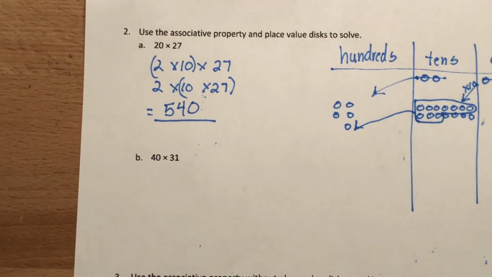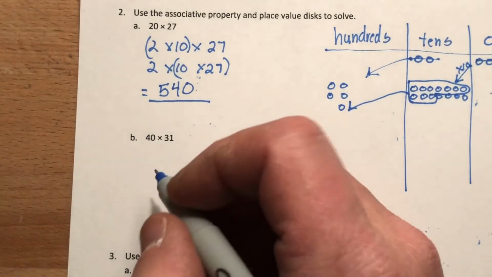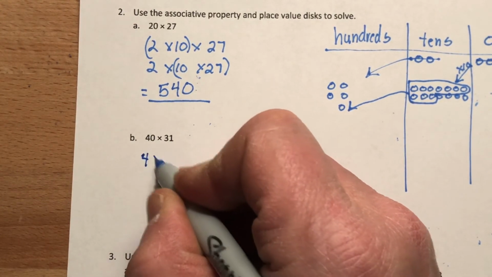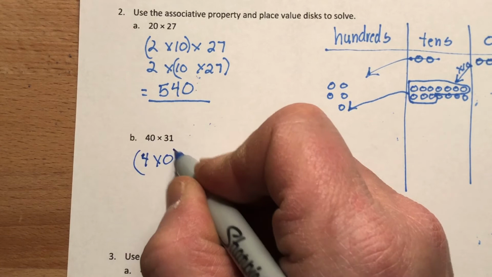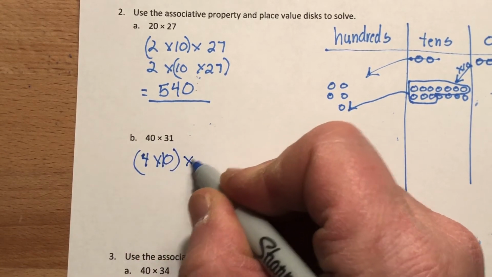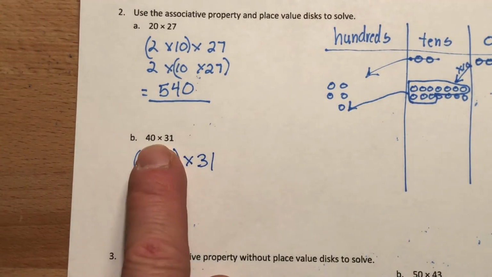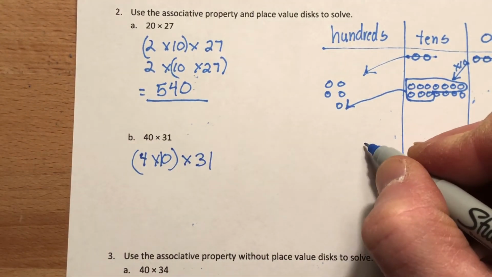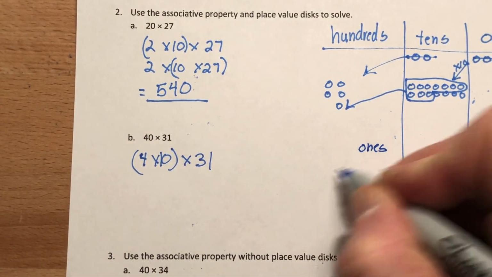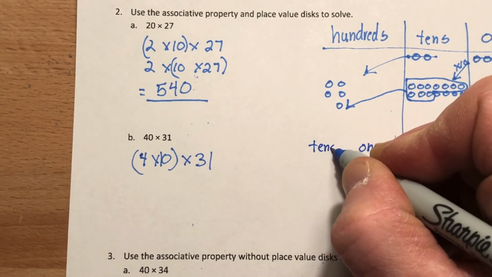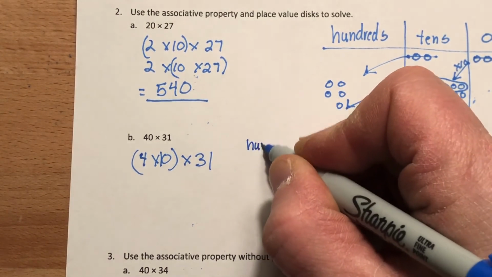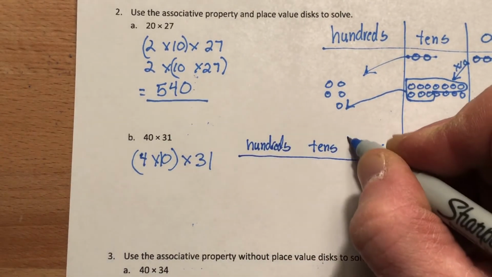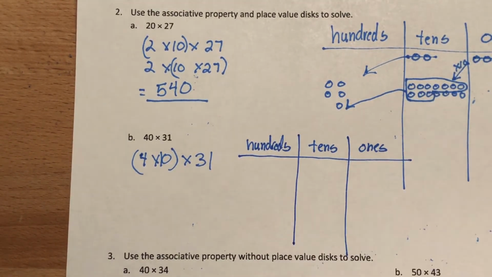Here's this one, 40 times 31. Okay, so I'm gonna do 4 times 10 times 31. Okay, took that 40 and put it into a 4 times 10. I'm gonna write down ones, tens, hundreds, and make my T-chart.